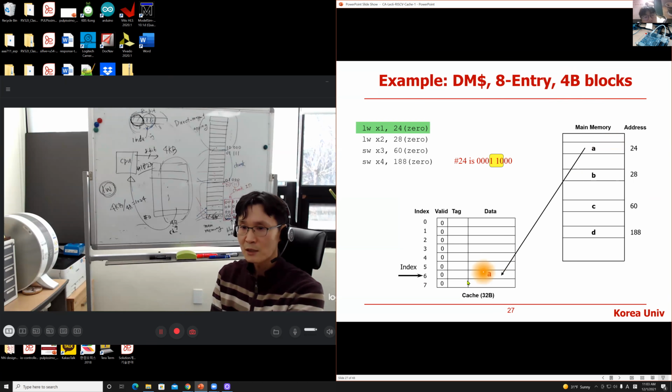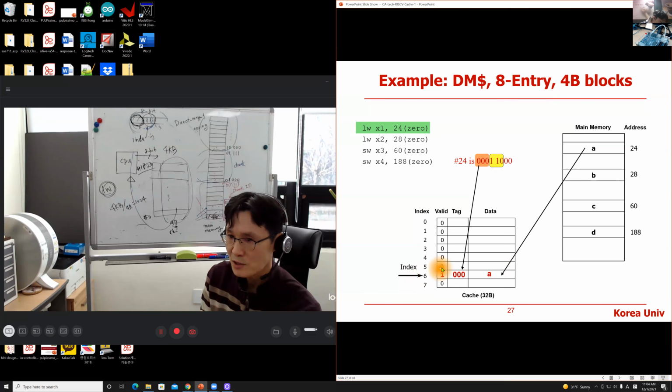Then you have to record what? The chunk ID. You don't have to record the whole block address, only the chunk ID, that 3-bit part. Then the valid bit is set to 1. This entry number 6 is now valid.